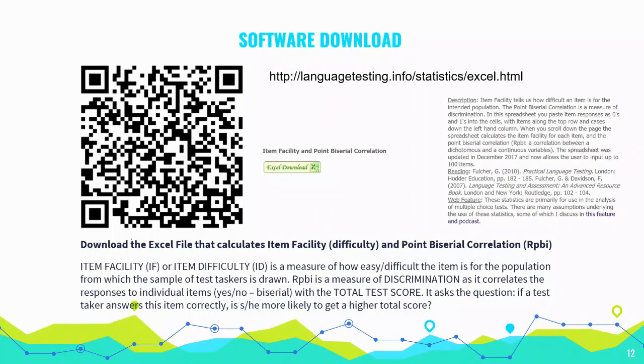So a biserial correlation asks the question, if this person got this item right, did they tend to get a higher score on the entire test? And that is a measure of discrimination. So if learners tend to get lower scores, then they're going to answer more items incorrectly. What we want to know is which of the items contributes most to that discrimination.